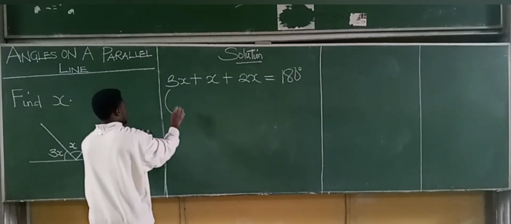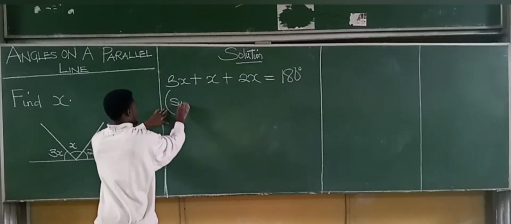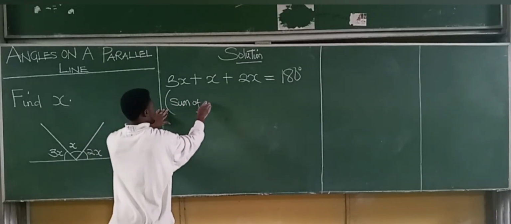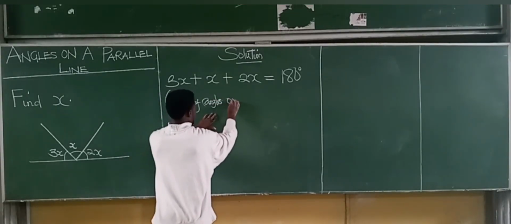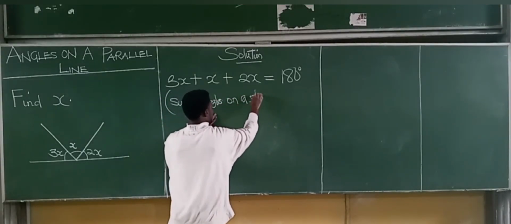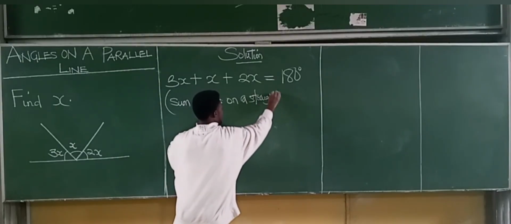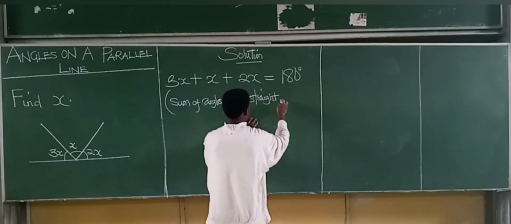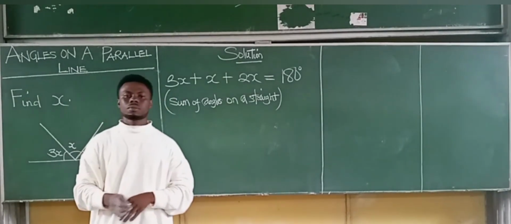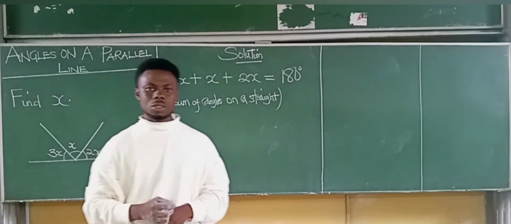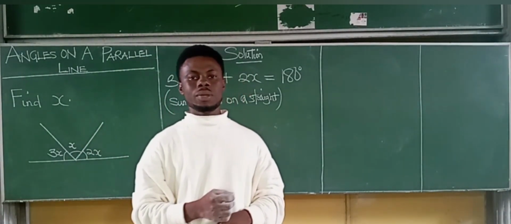Condition: sum of angles on a straight line is equal to 180 degrees. Always ensure you state the condition for which the angle is being determined.